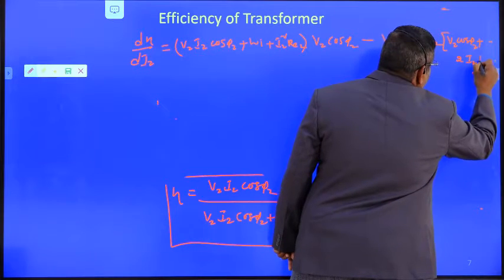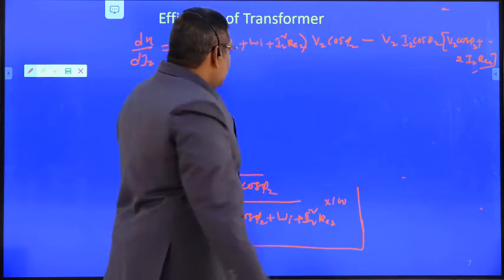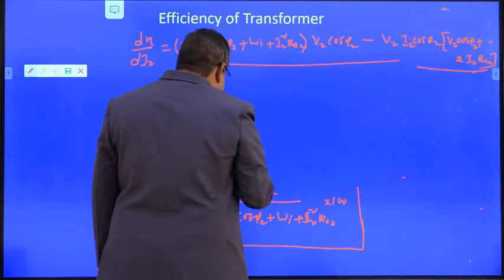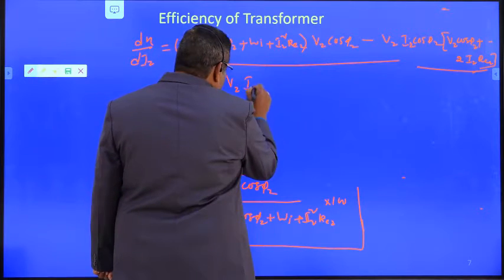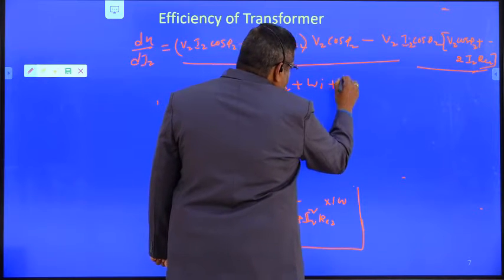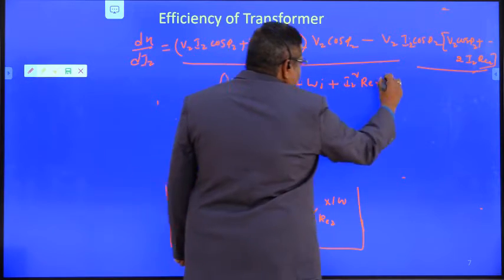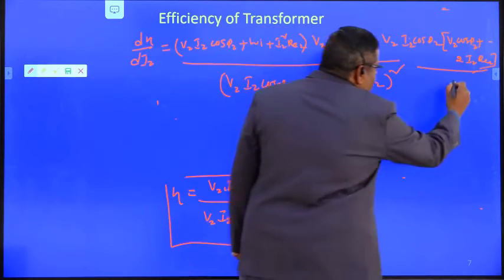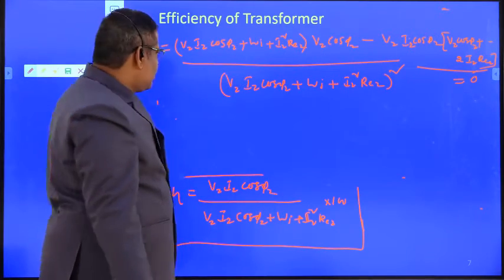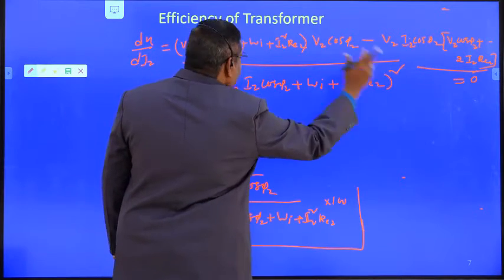All divided by the square of the denominator, V2 I2 cos phi 2 plus Wi plus I2 square Re2, whole square. This is equal to 0 because we are going to find the condition for maximum efficiency. If you cross multiply, then the numerator equals 0.